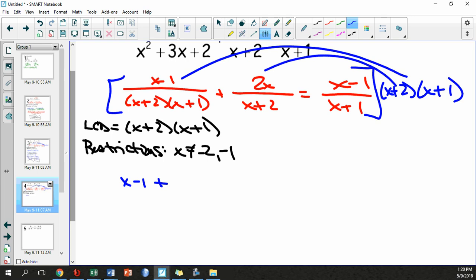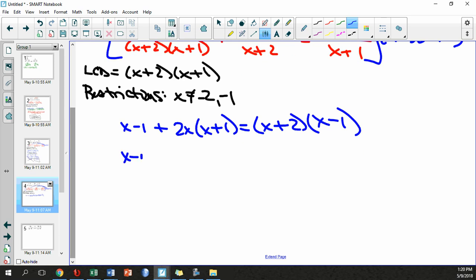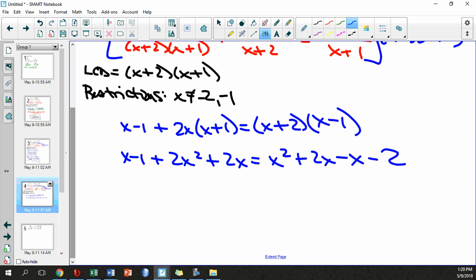What remains? 2x and x plus 1. Go to the third fraction, and what remains? X plus 2 and x minus 1. What do we do now? FOIL. X minus 1 plus 2x squared plus 2x is equal to x squared plus 2x minus x minus 2.